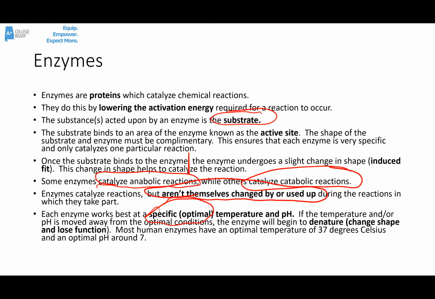For human enzymes, it's usually body temperature, 98.6 degrees Fahrenheit or 37 degrees Celsius. They also work best at a very specific pH. If either of those is changed and moved away from optimal conditions, the enzymes can begin to denature. That means the proteins that the enzymes are made out of change shape, and therefore they no longer work.